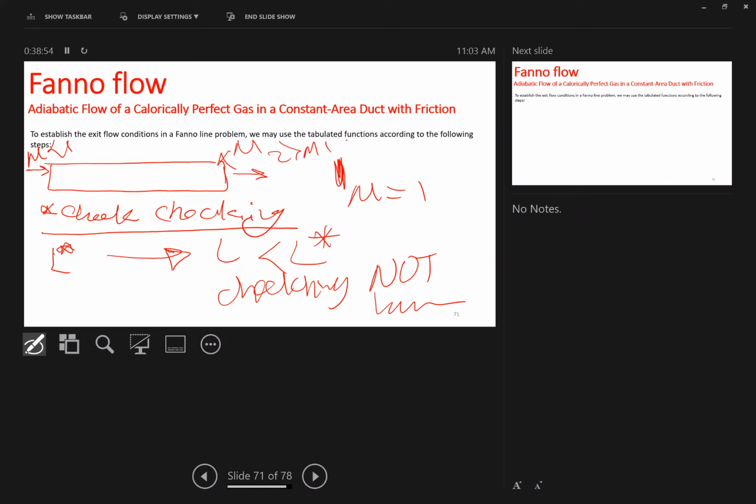So what we are saying is a metaphorical change in area, right? Because of friction. So we don't want to say that it's not. We are saying that there is.